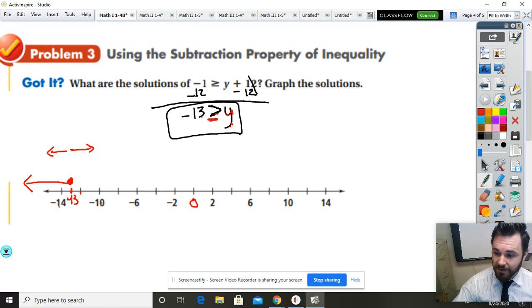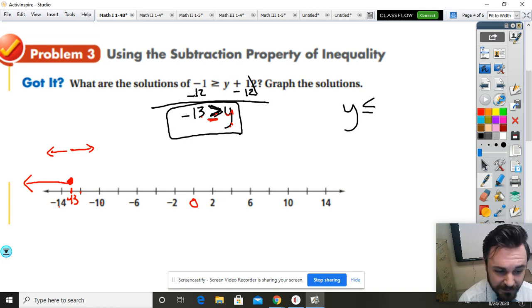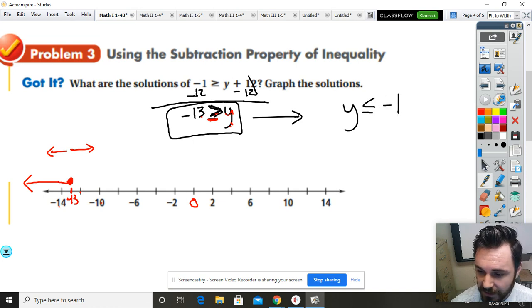Hey, notice how that contradicted our little hack. Notice how this looks like it's pointing to the right. Don't I go to the right? That only works if you had it set up with your variable or your unknown on the left side. So if I rewrote this so that my variable is on the left side, notice y is still less than or equal to negative 13.